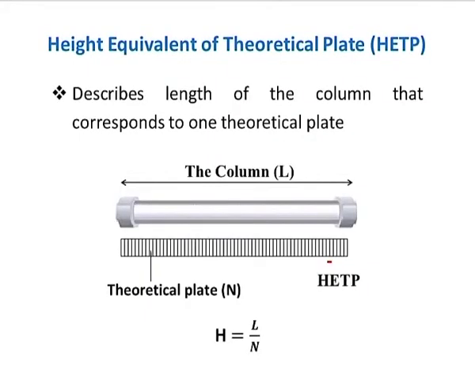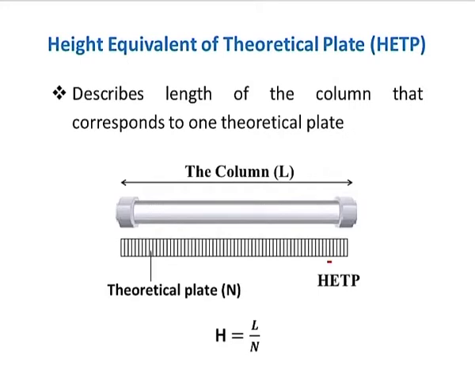Now, height of a theoretical plate H is equal to L upon n. So, the total length of the column L, divided by the number of theoretical plates, would give you the height of one theoretical plate.